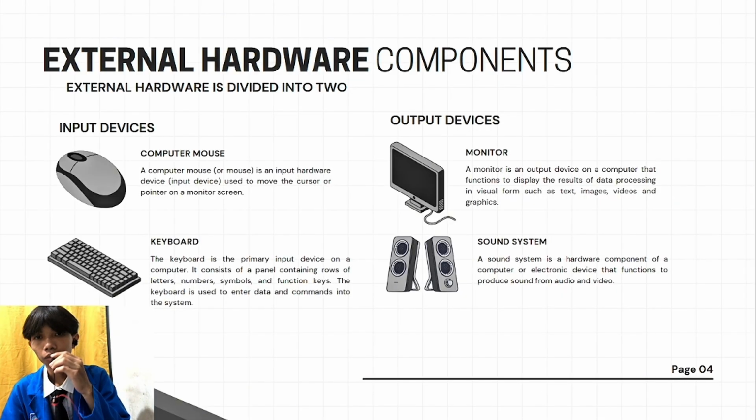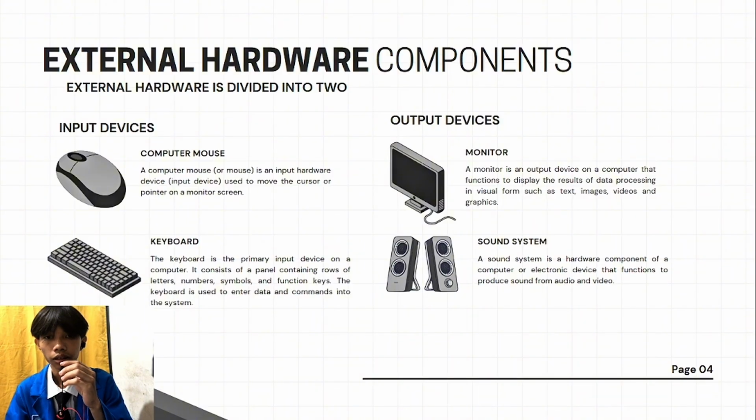A computer mouse is an input hardware device used to move the cursor or pointer on a monitor screen. Keyboard. The keyboard is the primary input device on a computer. It consists of a panel containing rows of letters, numbers, symbols, and function keys. The keyboard is used to enter data and commands into the system.